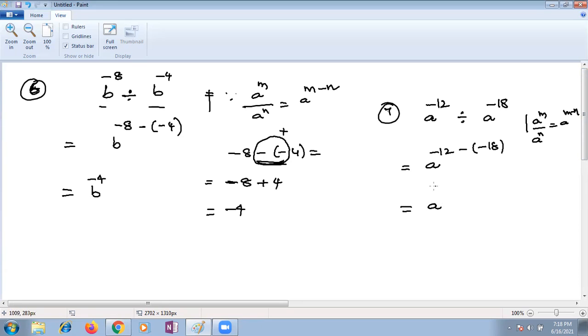Ma'am, there is minus beside 18, so we'll get minus plus. This becomes plus 18. Next step: -12 plus 18. The answer is nothing but A power 6. Good, A raised to the power 6.